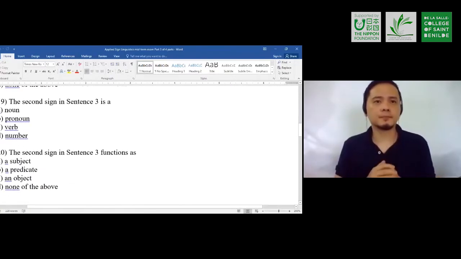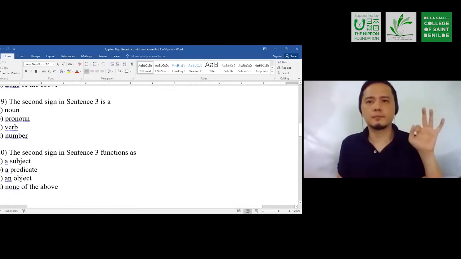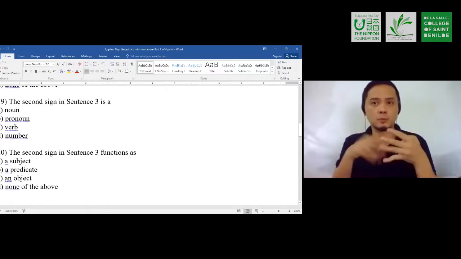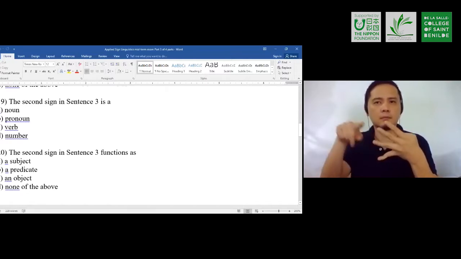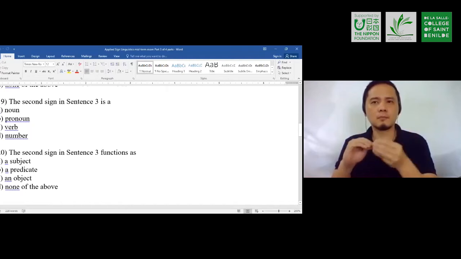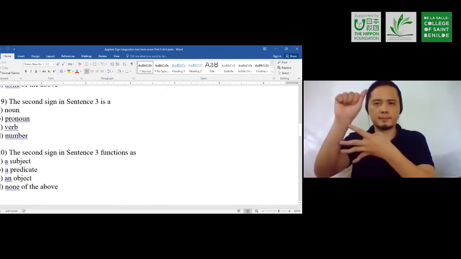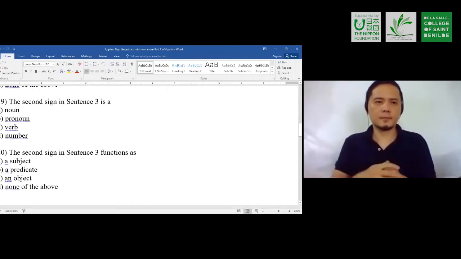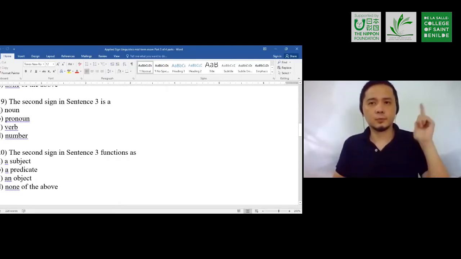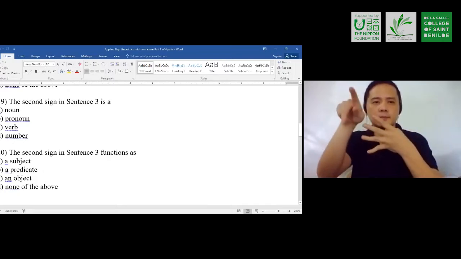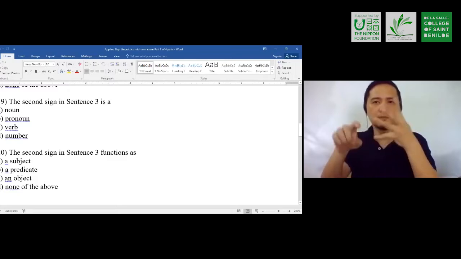Okay, the second sign in sentence 3, which is close friend, is A, a noun, B, a pronoun, C, a verb, D, a number. I see A and C. A, that's correct. And the second sign in sentence 3 functions as A, a subject, B, a predicate, C, an object, D, none of the above.